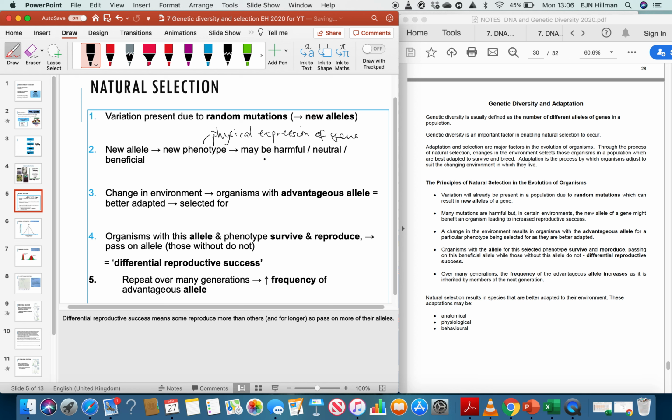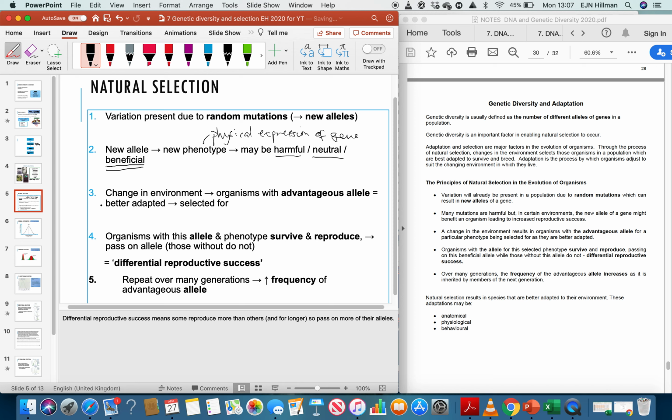Now, those new alleles may be harmful, and that would lower the reproductive success, so it would reduce the number of times that organism can reproduce. Or they may be neutral, with no effect on the rate at which those individuals reproduce, or in some cases, and actually most rarely, they can be beneficial.